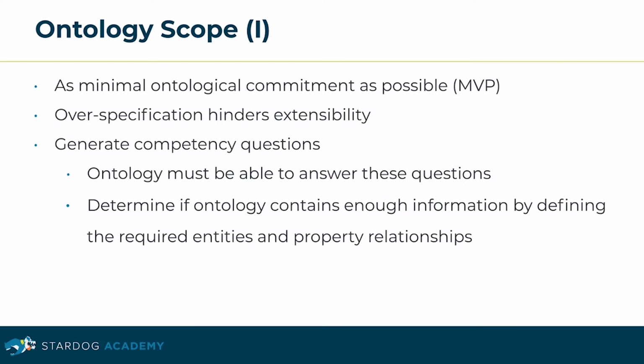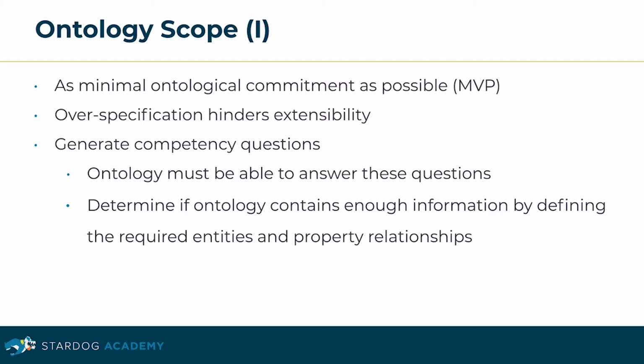So looking at the first step, let's try to determine the ontology scope. We should try to create a minimum viable product of the first version of our ontology. This is done by putting in a minimal ontological commitment as much as possible. Overspecification hinders extensibility and may require us to modularize our ontology into smaller models.